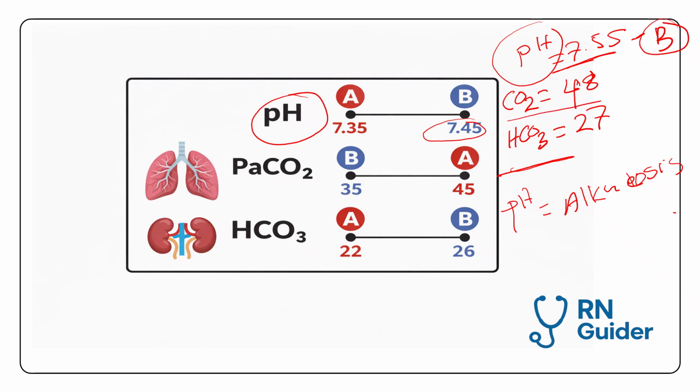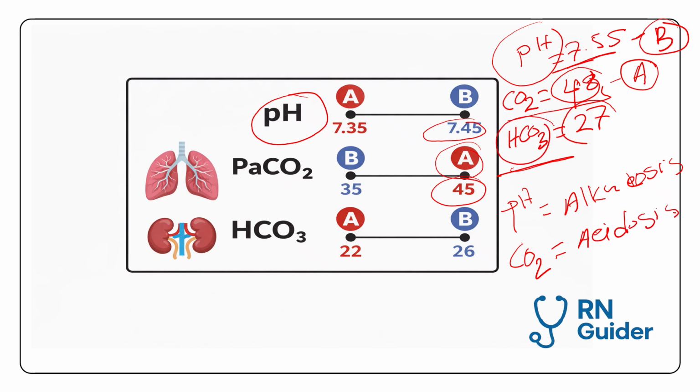Now carbon dioxide 48. That means over. That means A. A for acidosis. So carbon dioxide is acidosis.